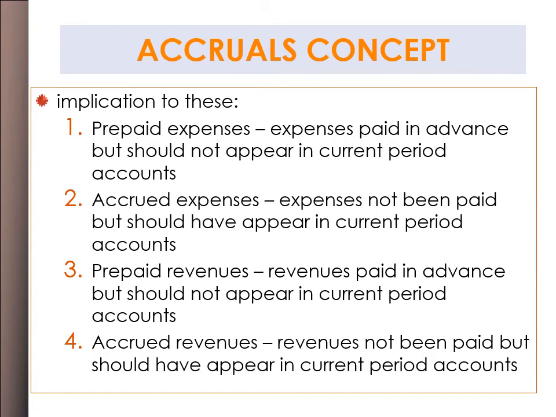And prepaid revenues, where revenues are paid in advance and should not appear in the current period; and accrued revenues, where the cash has not been received but should have appeared in the current period accounts. These implications arise when we are using the accrual concept.